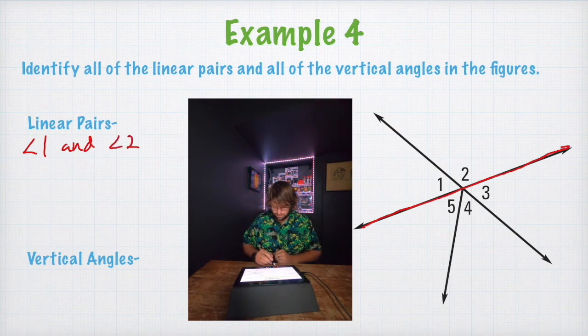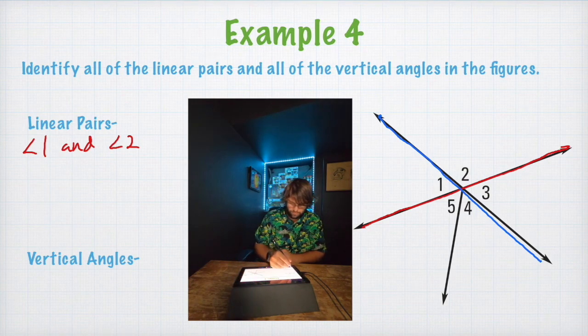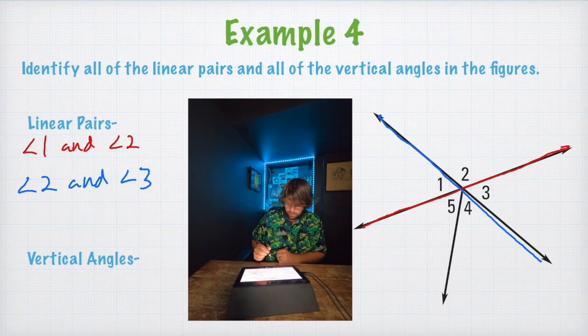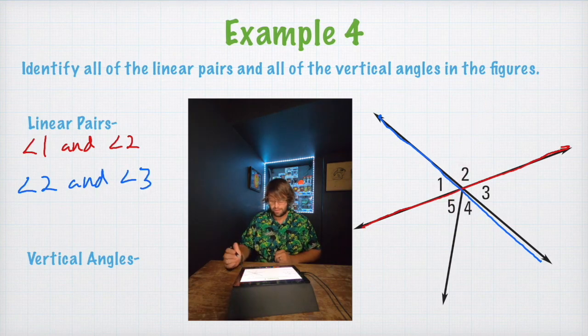Okay, now let's look for another straight line. We have this blue line that cuts through, and it's made up of angle 2 and angle 3. Okay, and there's no more straight lines because this line just bumps into nothing there. It would have had to be a line going out.